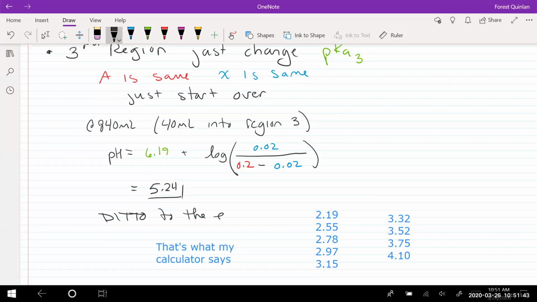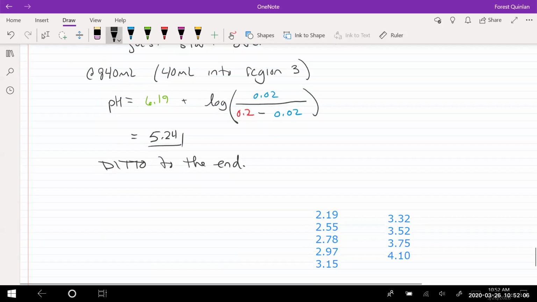Go to the end. Okay, this is looking glorious here. I guess let's go ahead and do the over titrations, and then we'll go ahead and plot this.